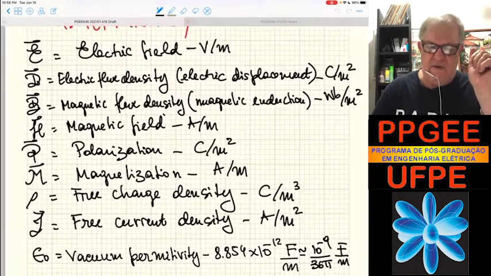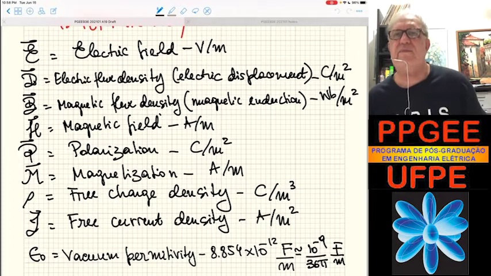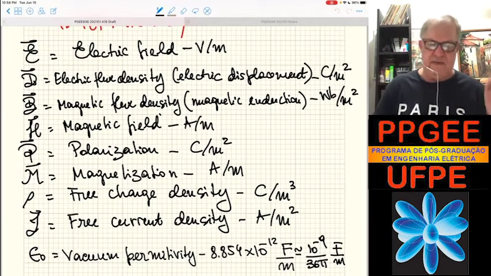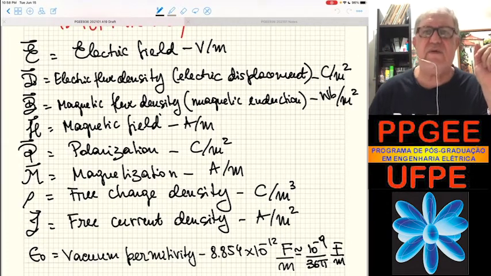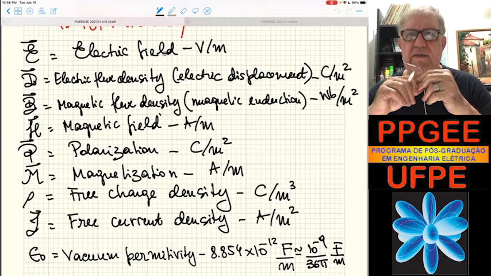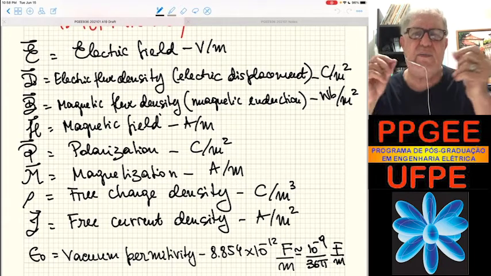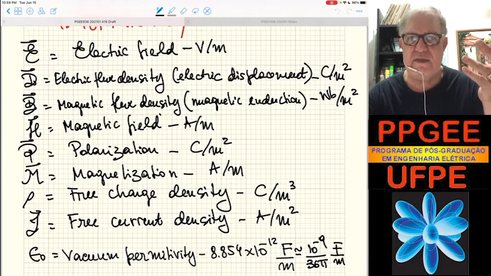Let's review quickly the terminology and SI units of those fields. E is called the electric field, the standard. That's the field that was defined to allow determining the force on a point charge, on a test charge, right?